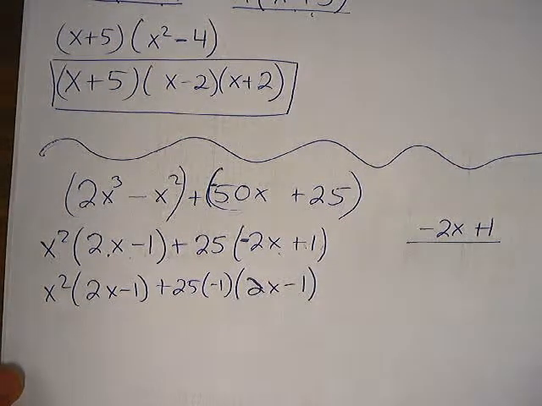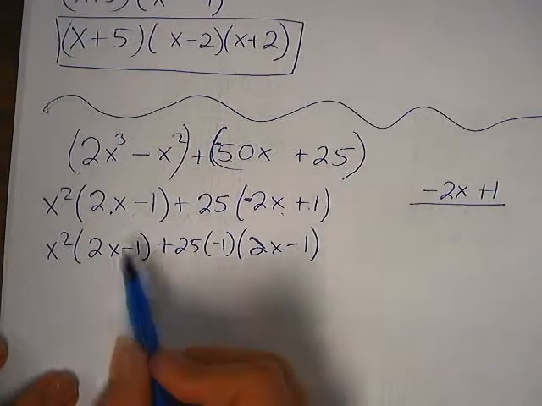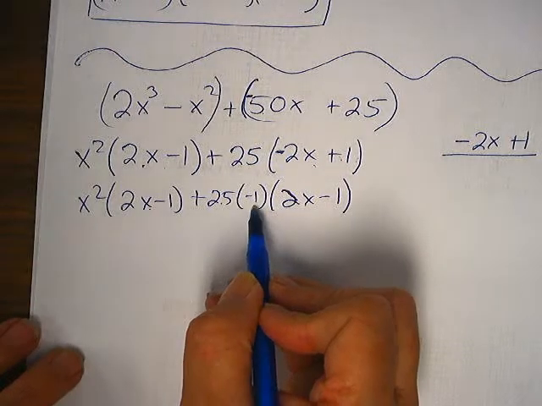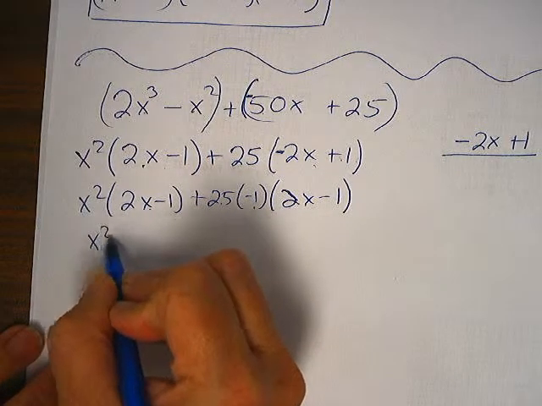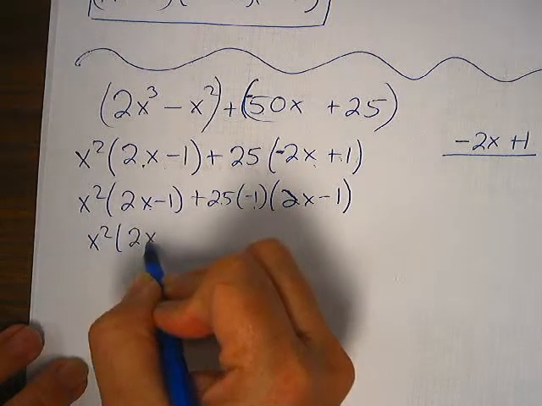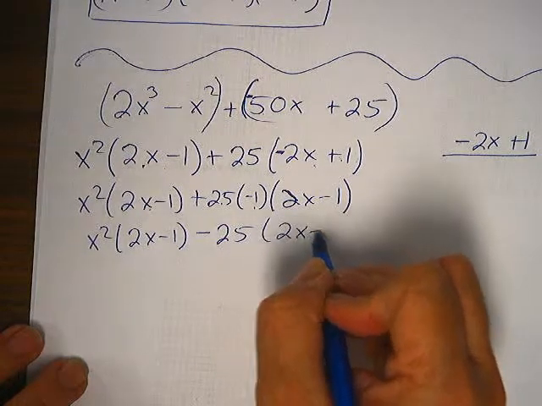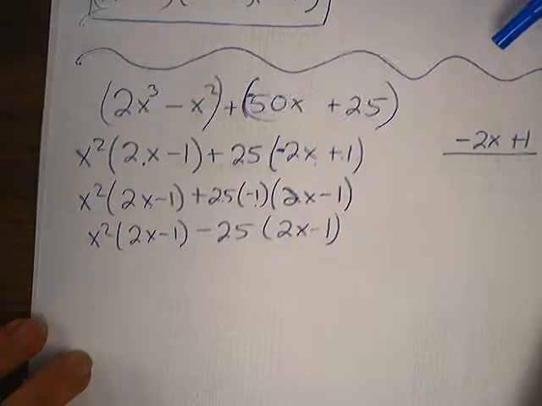So now we've got the correct signs. So we have the same values here. And let's just rewrite it, because 25 times negative 1 is simply a negative 25. So x squared times 2x minus 1 minus 25 times 2x minus 1.